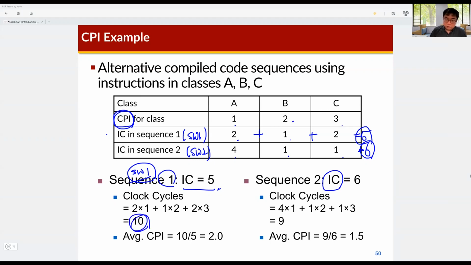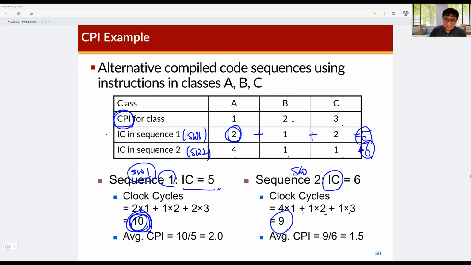There are 2 instructions of the first class at 1 cycle per instruction, so 2 multiplied by 1, and so on, and the total clock cycles are 10. And for software B, sequence 2, the total clock cycles are calculated the same way, giving 9.